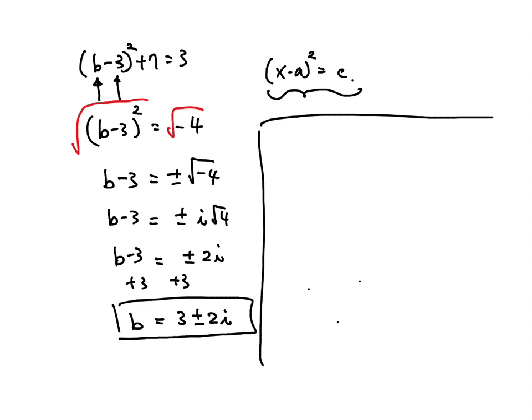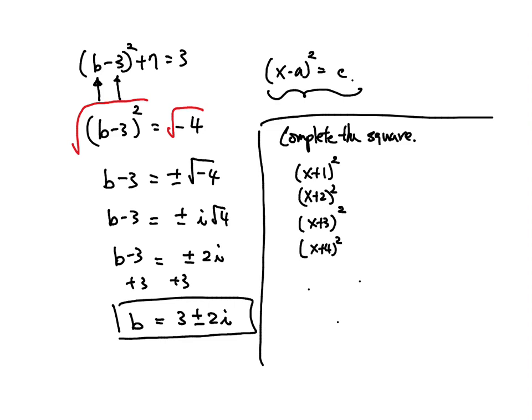The next part is complete the square. Okay, so complete the square requires a little bit of pattern recognition. So for example, if you remember what these are, x plus 1 quantity squared, x plus 2, x plus 3, x plus 4, x plus 5, quantity squared, and so on.